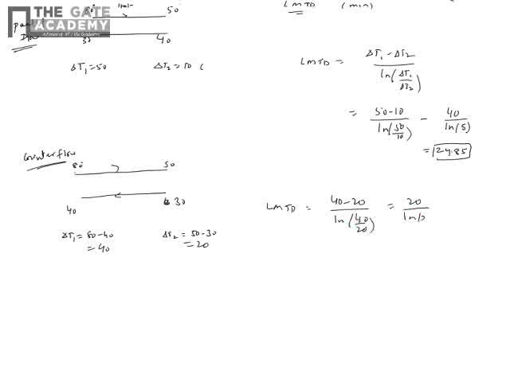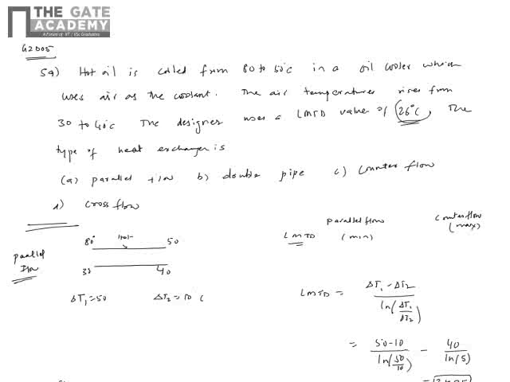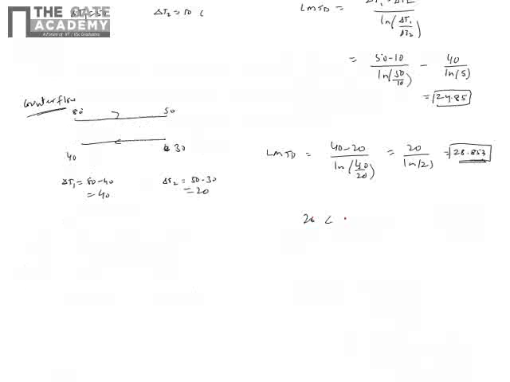So this is 20 by ln 2. Let's see what the value is. This comes out to be 28.853. So the value 26 is in between the LMTD of counter flow and the LMTD of parallel flow.